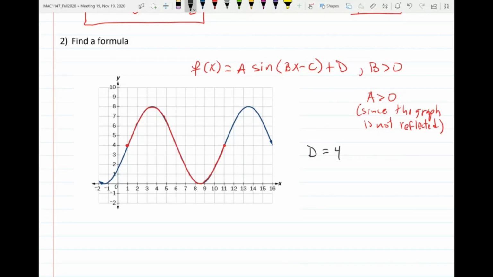Next thing that we can easily do is figure out the period, right? What's the period of the function? Who can tell me what's the period of the function? 2 pi over b. Okay, that's a formula, but for this function, what's the period? You need to tell me a number.